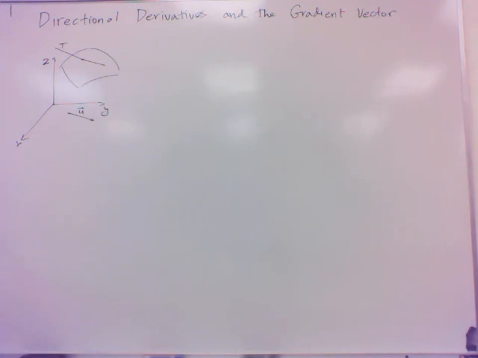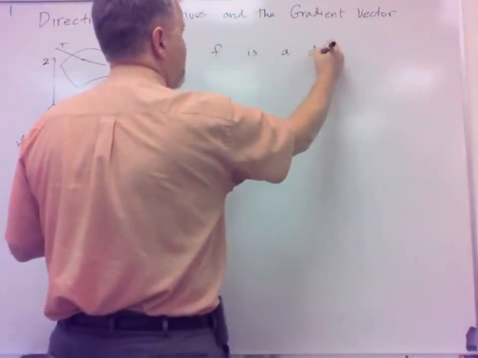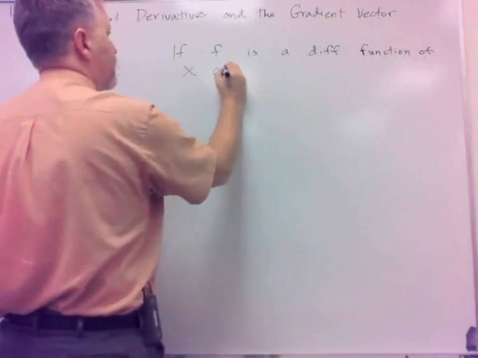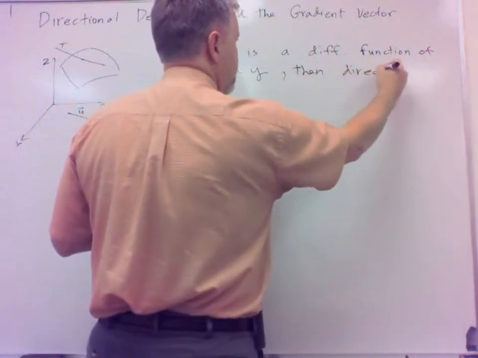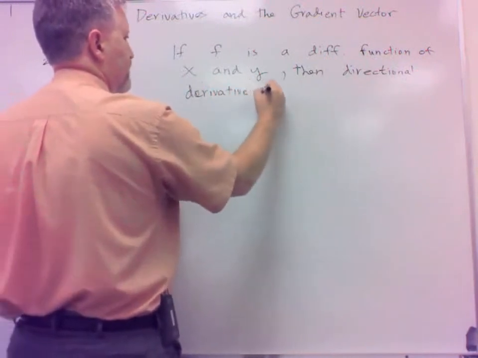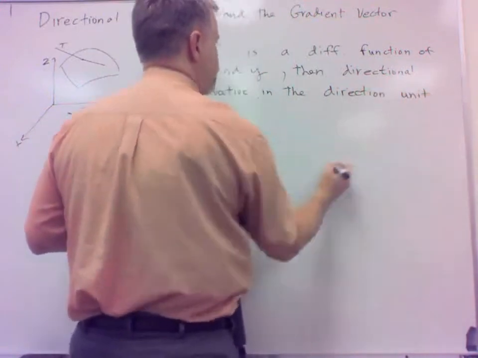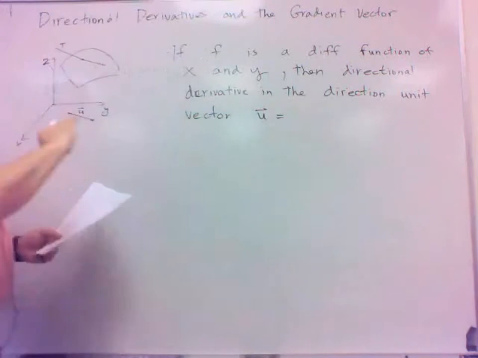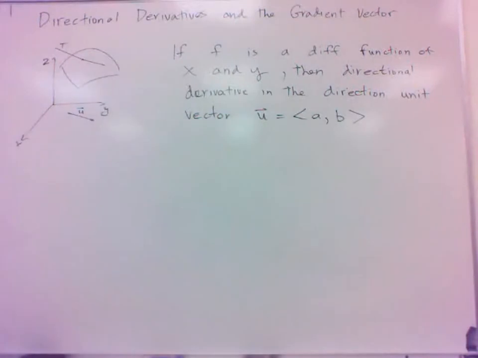directional derivative. If f is a differentiable function of x and y, then the directional derivative in the direction of the unit vector u, and we'll just use a and b for the general components of that.